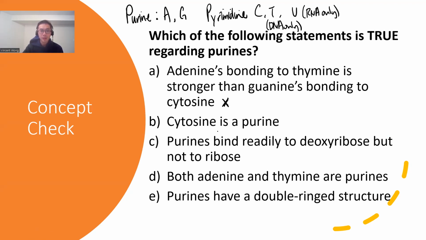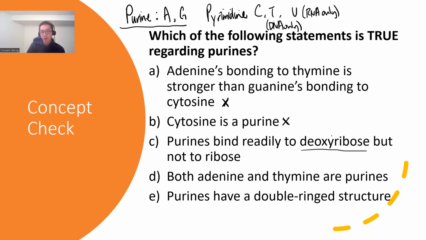Next one, cytosine is a purine. Well, if I check my purine list here, there's no C, there's no cytosine. That is incorrect. Purines bind readily to deoxyribose, but not to ribose. So if we take a look at the purines, we have A and G, but these are common in both DNA and RNA, right?